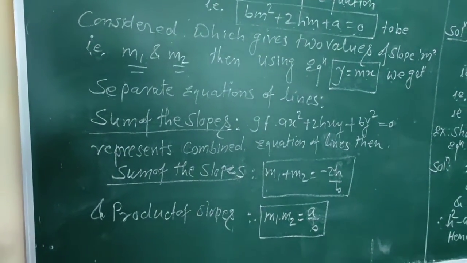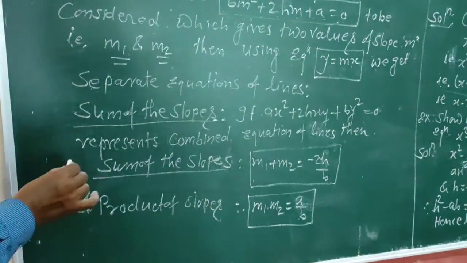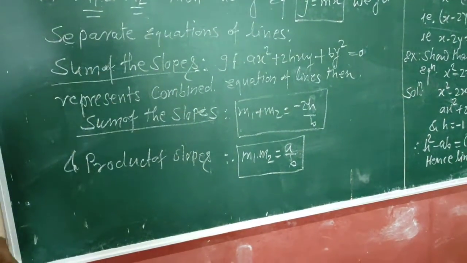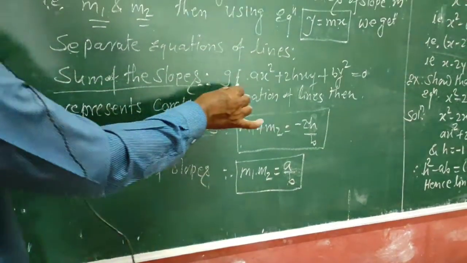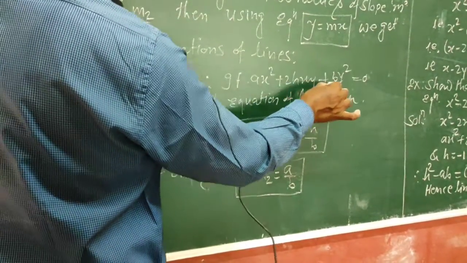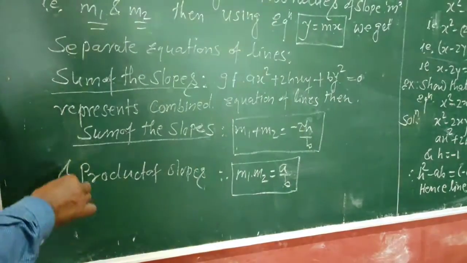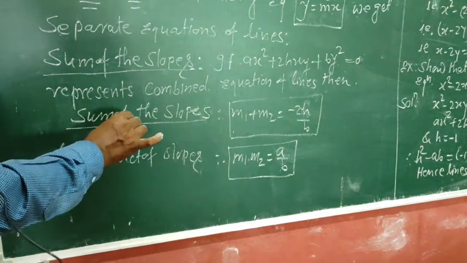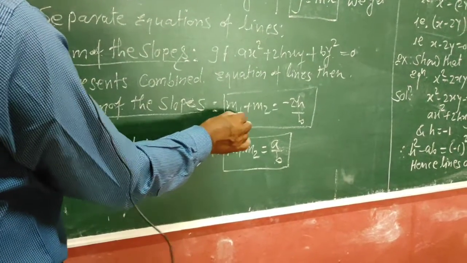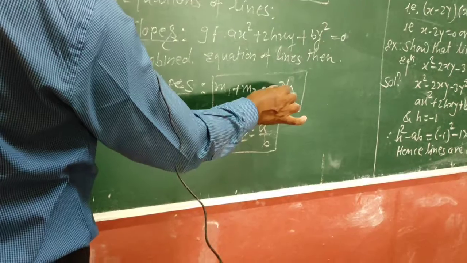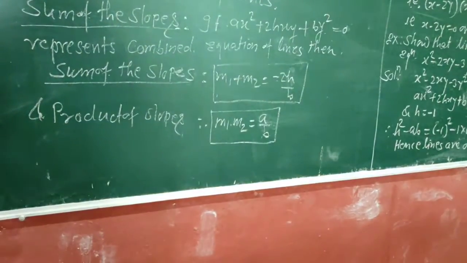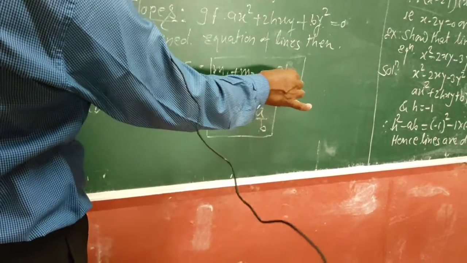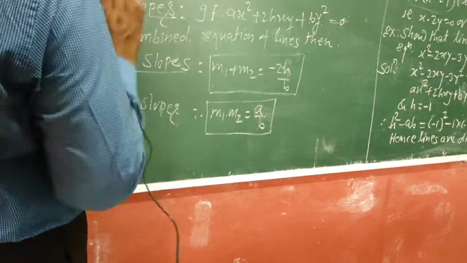Then again we need certain terms here, that is, the sum of the slopes, m1 plus m2. If a x square plus twice h x y plus b y square is equal to 0 represents the combined equation of the lines, then the sum of the slopes is m1 plus m2 is equal to minus twice h by b, where b is the coefficient of y square and twice h is the coefficient of xy.